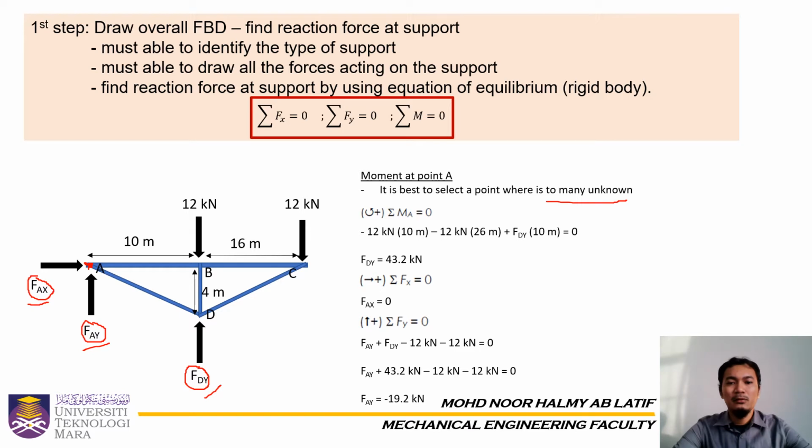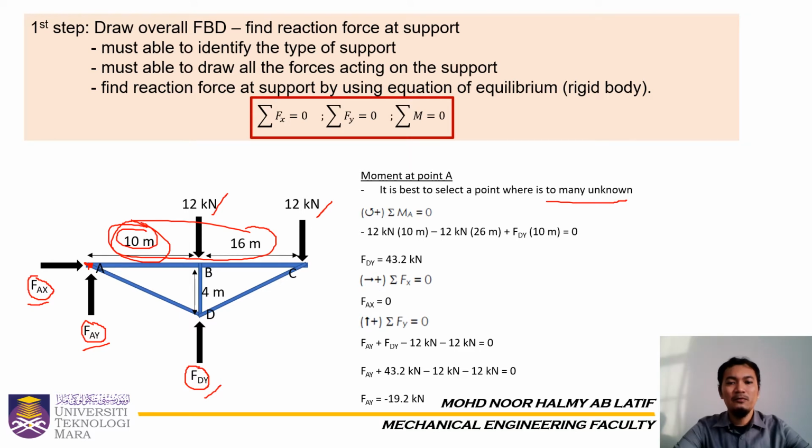So when we take the summation of moment at A, we're going to have this force 12 kN with this distance 10 meter, this force 12 kN with the distance of 26, and FDY with the distance of 10 meter.